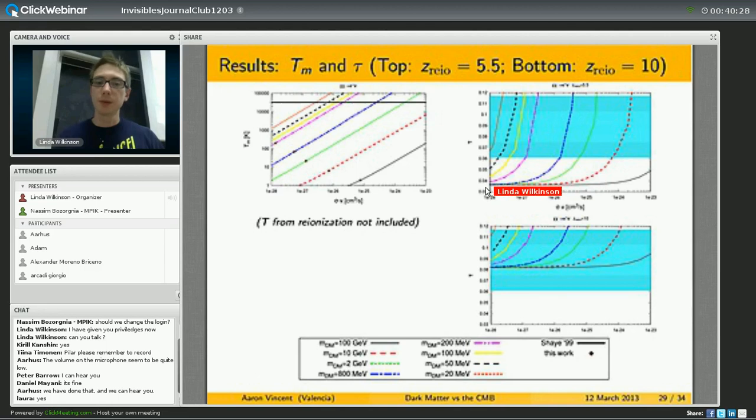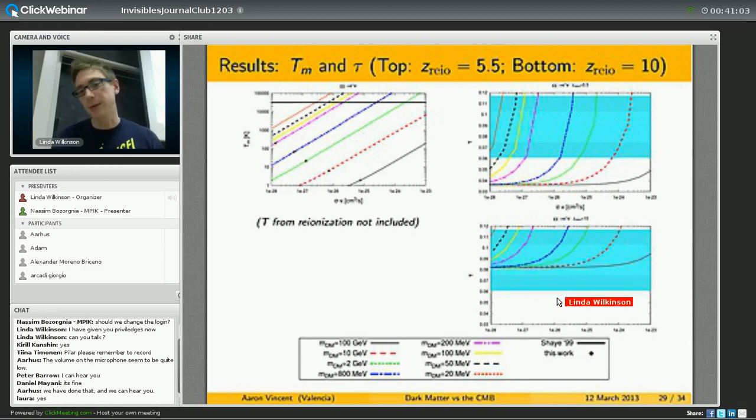But if your hope is to reconcile reionization at a redshift of 5.5, which is this figure, with the WMAP measurements of the optical depth, which is this cyan band, this is the 1 and 2 sigma contours, well, it doesn't quite work, because you need an annihilation cross-section that is actually excluded by quite a lot by our CMB temperature and polarization measurements.